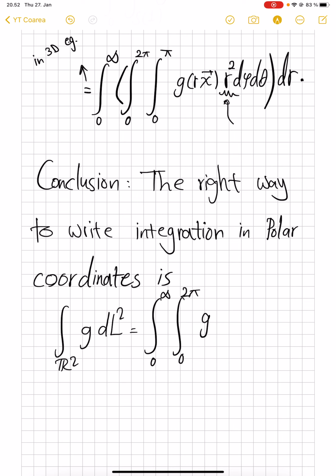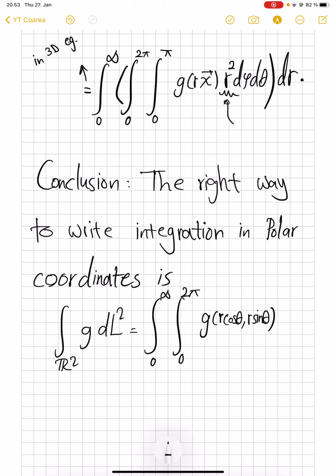And then you do g of r theta. So this will be the point at angle theta and radius r. So I'm now forgetting my calc 1. So r cosine theta, r sine theta. So this whole thing is my Rx from above.